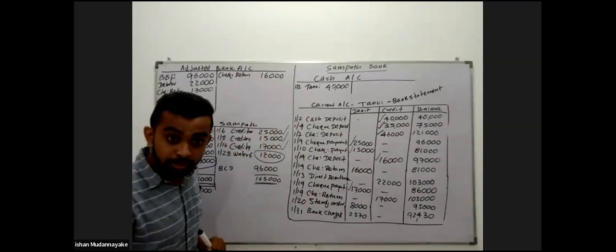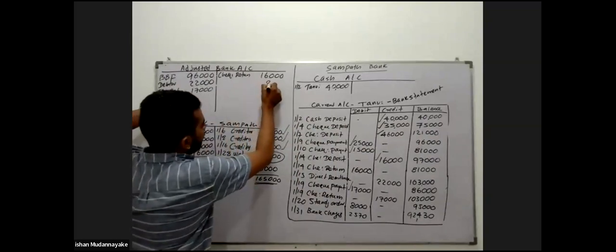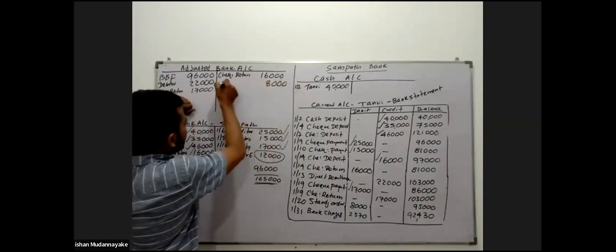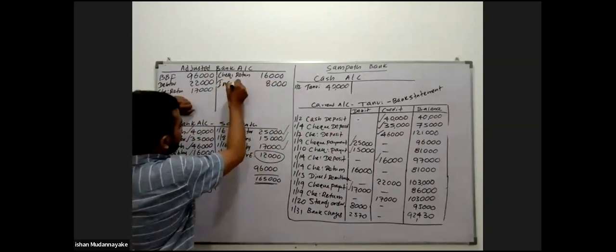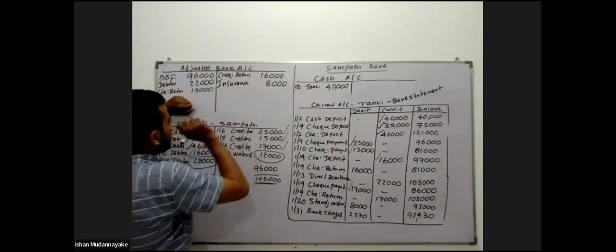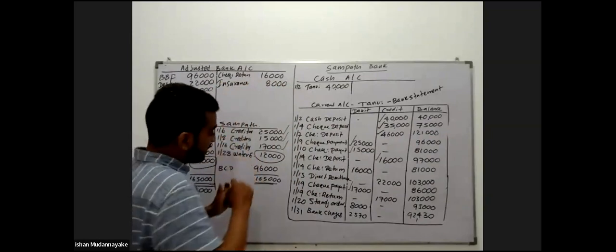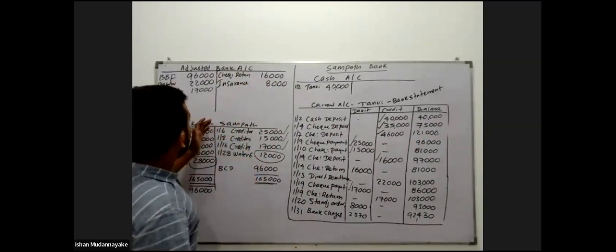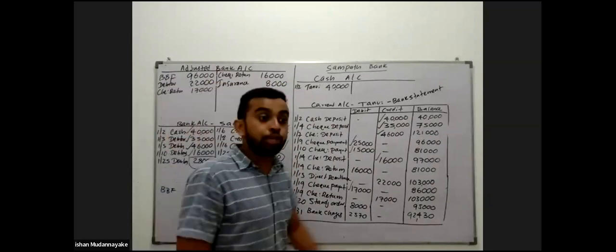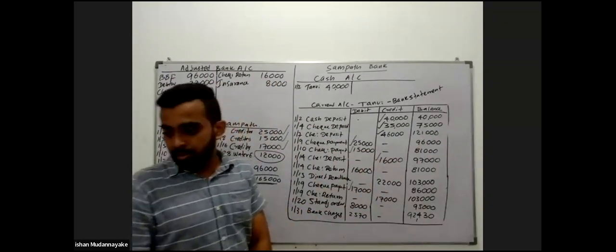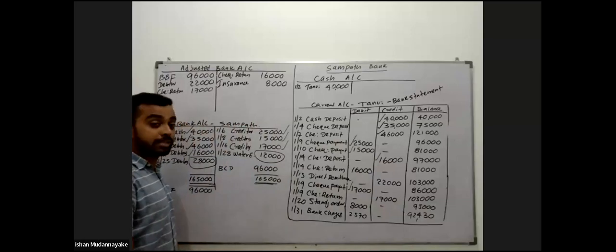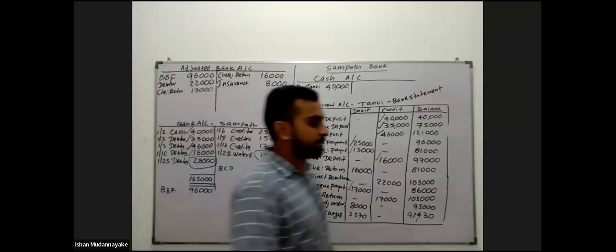We'll write down insurance. For insurance, they have paid 8,000. So adjusted bank account credit, insurance expense account debit.